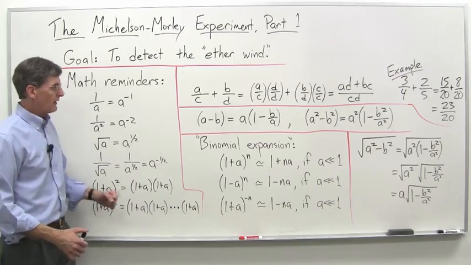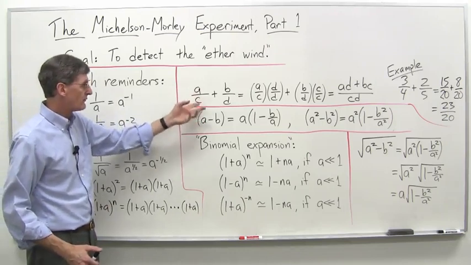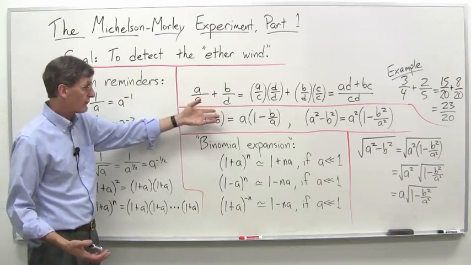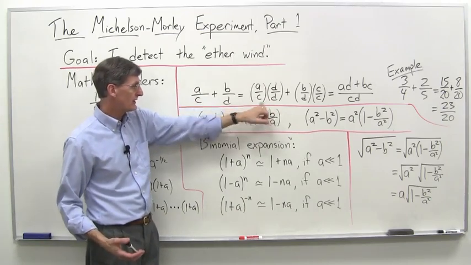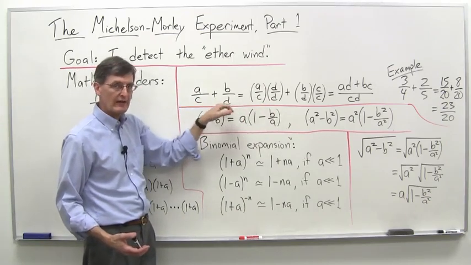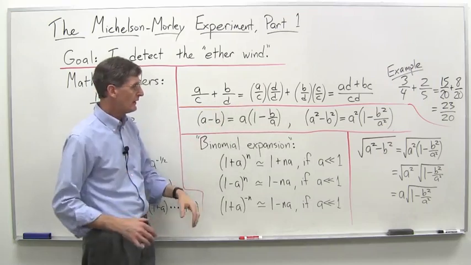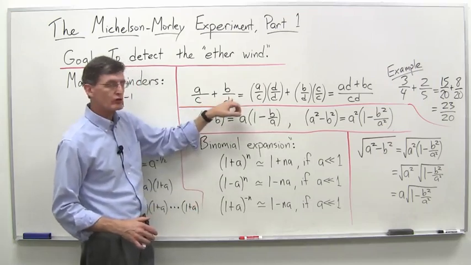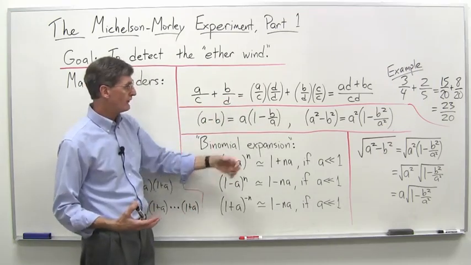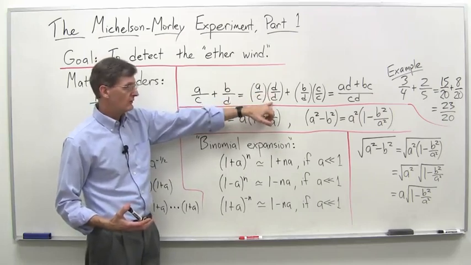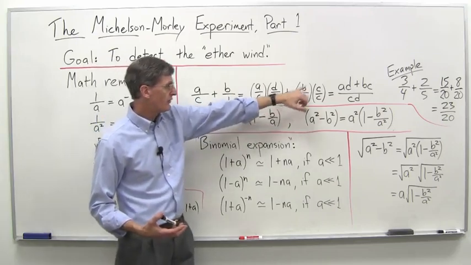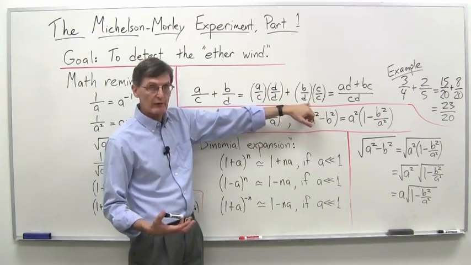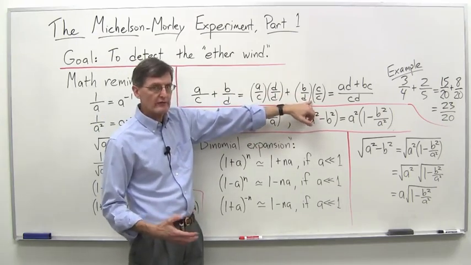When we're adding fractions together, a over c plus b over d, for example, remember how we use the little mathematical trick? We can multiply to get a common denominator, so we can add the two fractions together into one fraction. We can multiply the first term by 1 in the form of d over d, giving us cd in the denominator, and then the second term by c over c, again multiplying by 1, giving us dc or cd on the bottom.